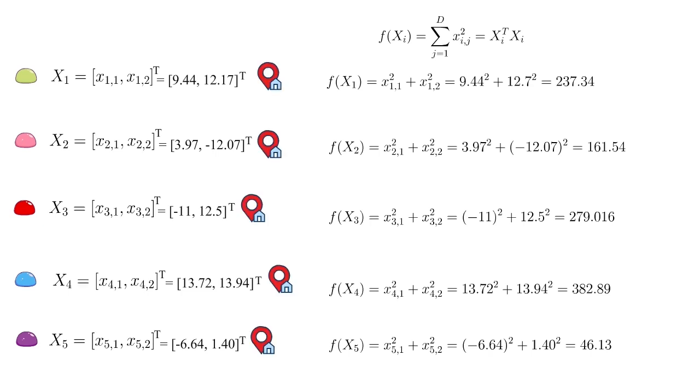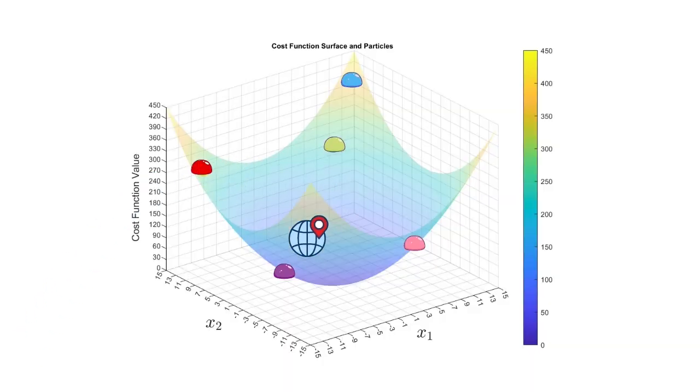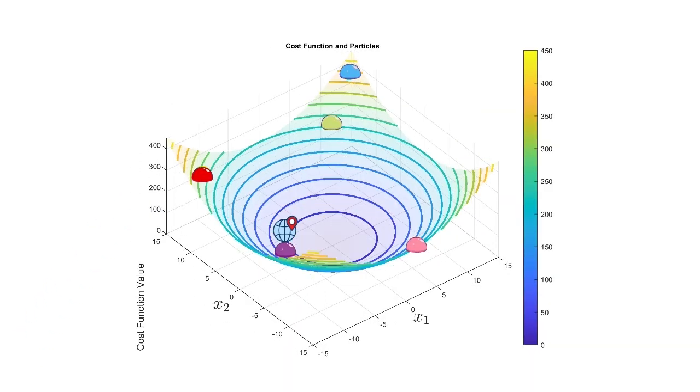The global best position is initialized to the position of the particle in the swarm that has the best fitness value, specifically the particle with the lowest cost function and the shortest distance to the origin. Based on the calculated values, the fifth particle has the lowest cost and is selected as the global best. The surface and contour plot clearly indicate that the purple particle is closest to the origin.